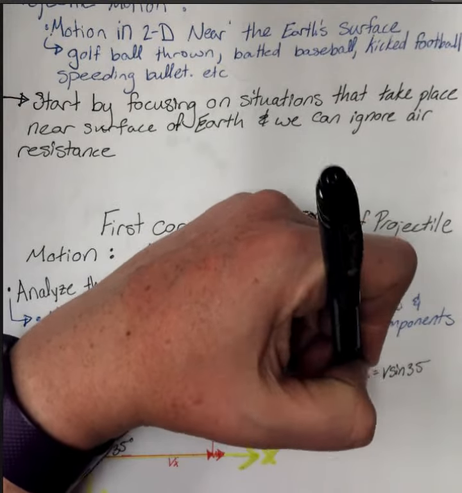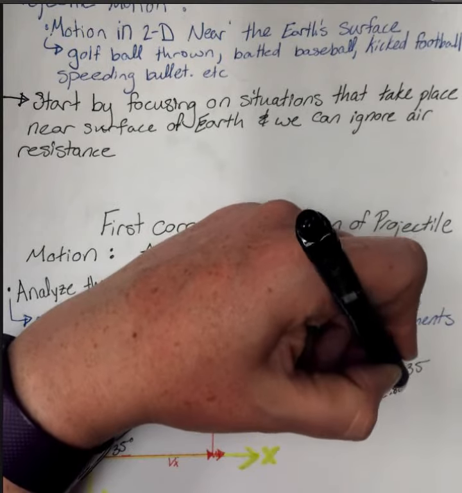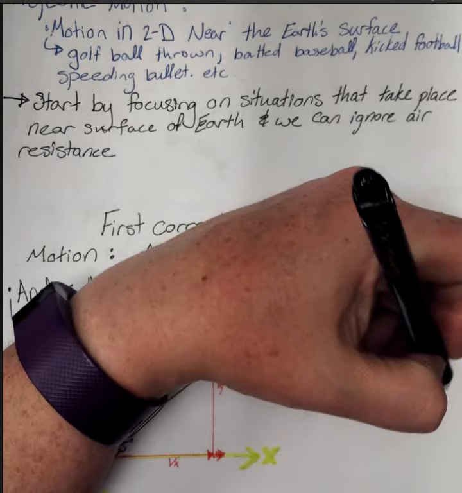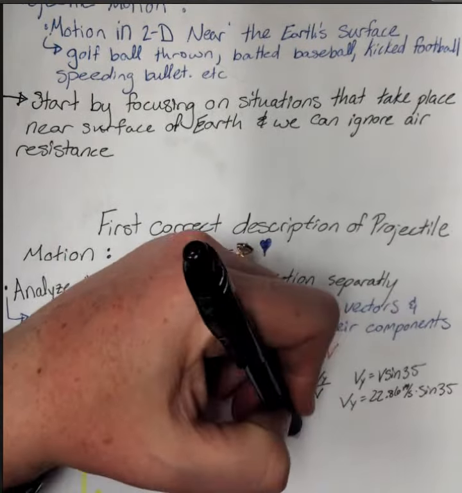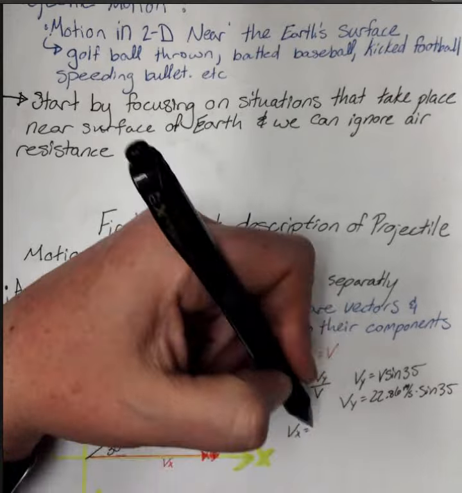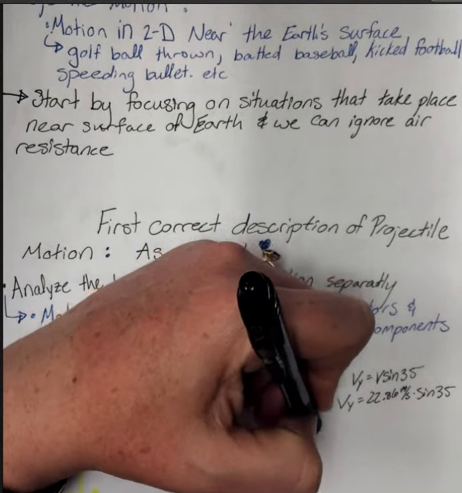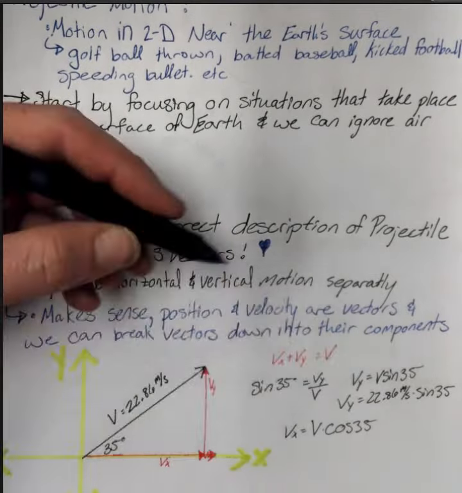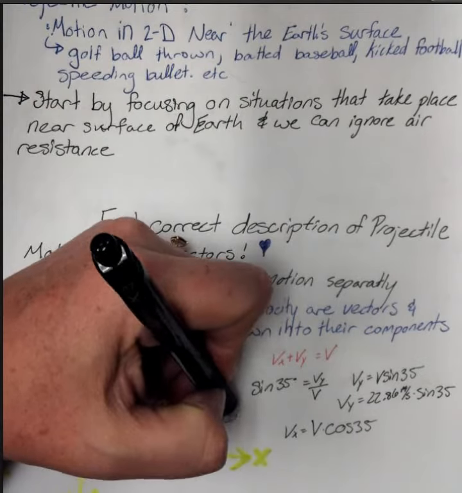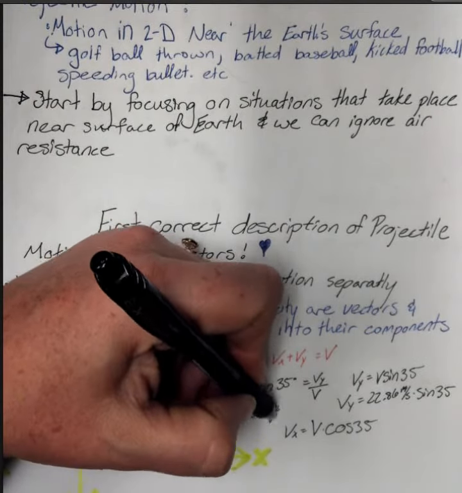So Vy is going to equal 22.86 meters per second times the sine of 35. Vx is going to equal V times the cosine of 35. By this same relationship, the cosine of 35 equals Vx over V.